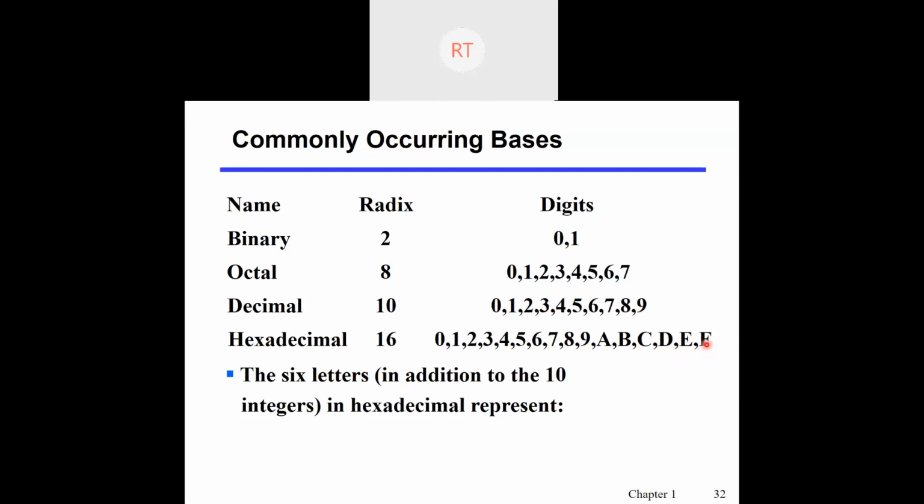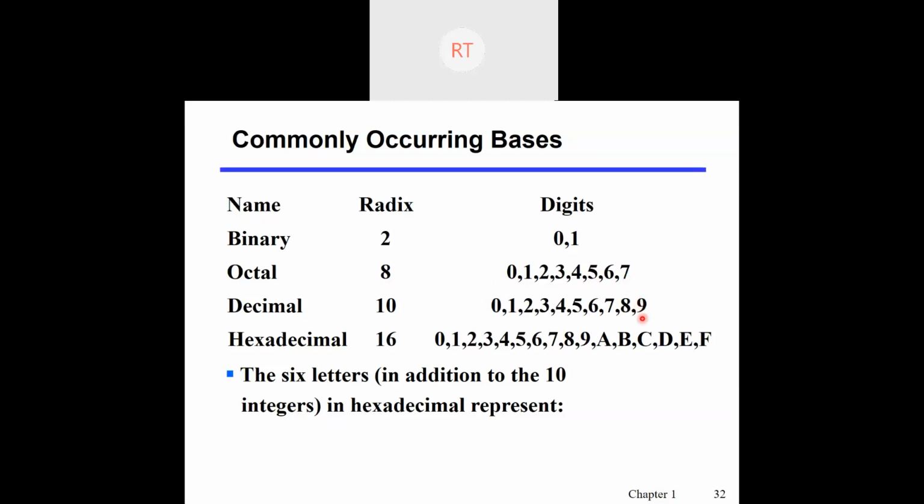I want you to notice how we stop here at 15 because we are base 16. We stop at 9 because we are base 10. We stop at 7 in octal, base 8, because we start at 0. Did you notice that? So you have 8 digits, but we are starting from 0. Any number that exceeds 7 in octal is going to be a carry.